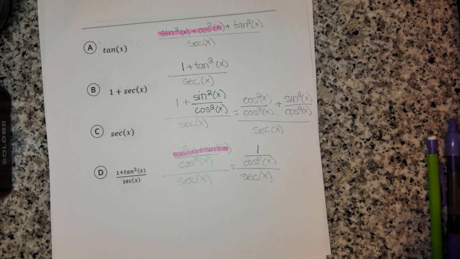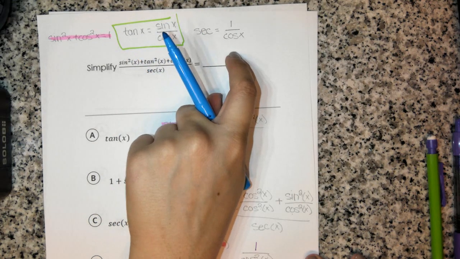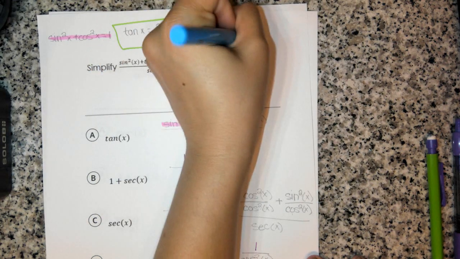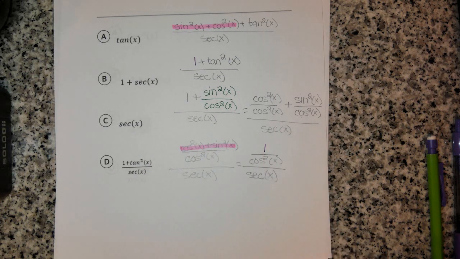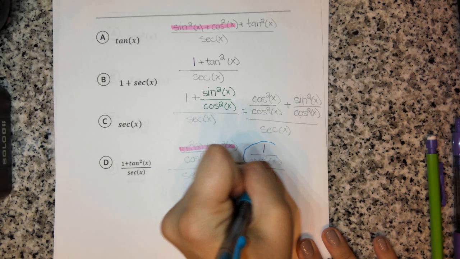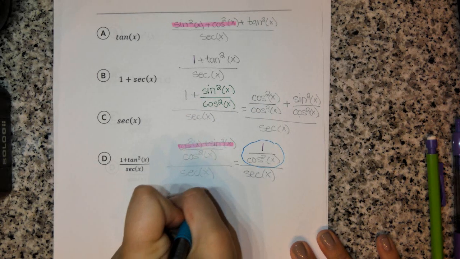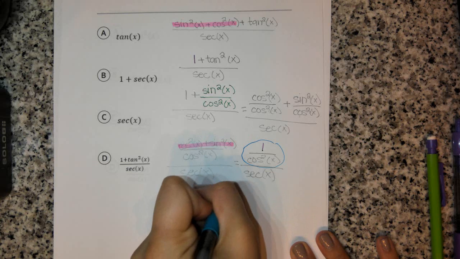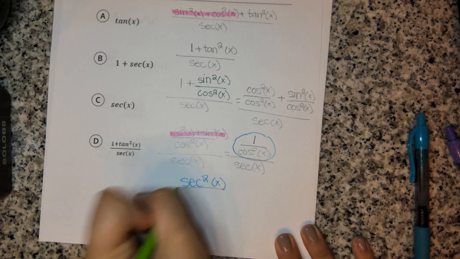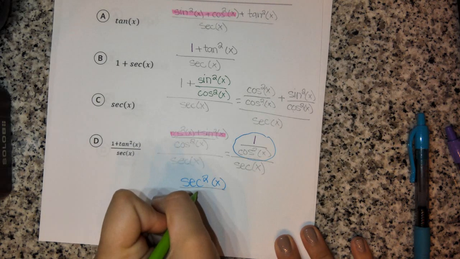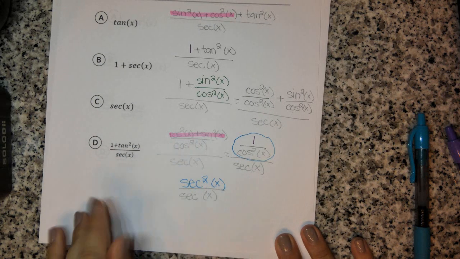Okay, well, I did have an identity up here at the top that secant is 1 over cosine. Well, if you look, I have 1 over cosine squared. So what that tells me is this part right here turns into secant squared of x divided by secant of x.